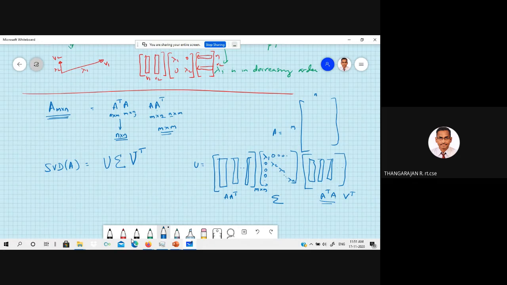And what is the dimension of V transpose? It is n cross n.